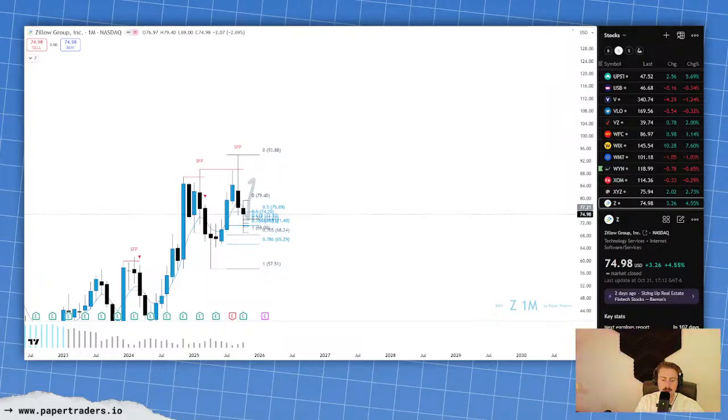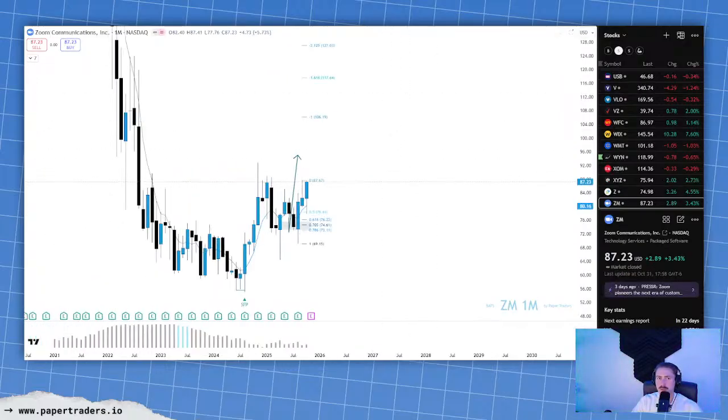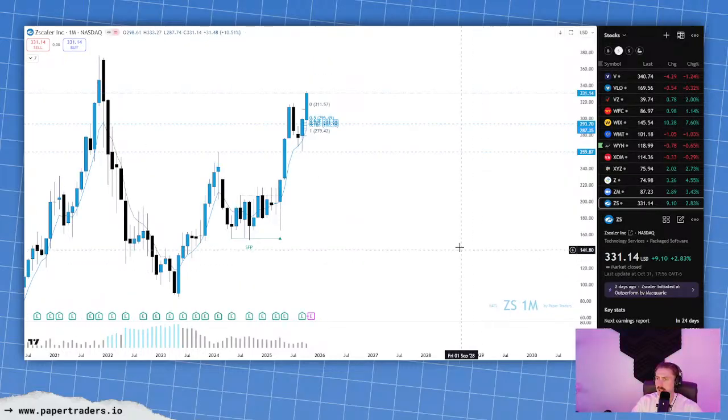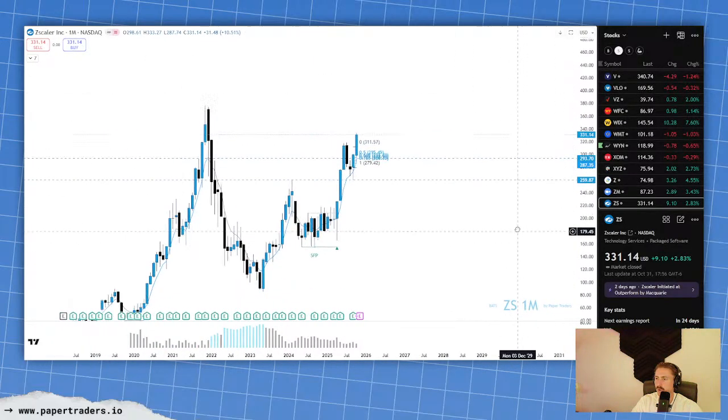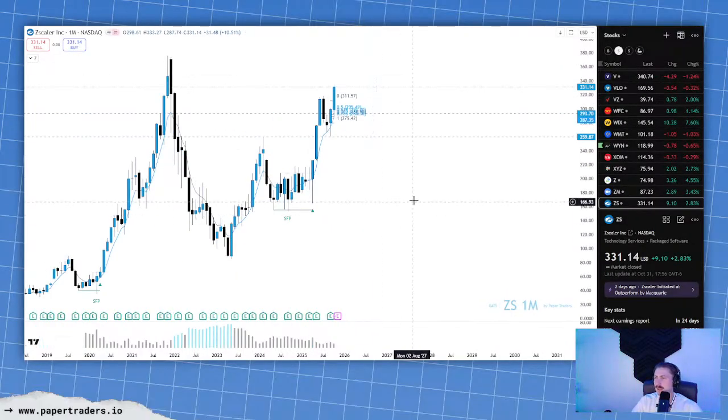I've liked that one for a bit. Coming down to ZM, looks good too. Yeah, I like Z a lot. ZS. ZM looks amazing. All of these ZM, yep. ZS. Those look good. And that's it.